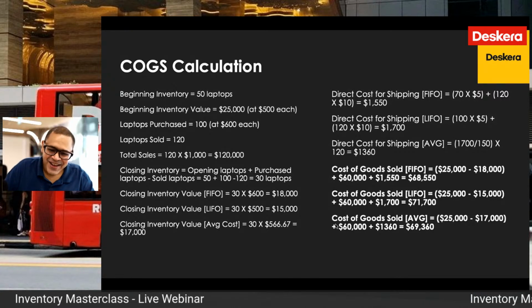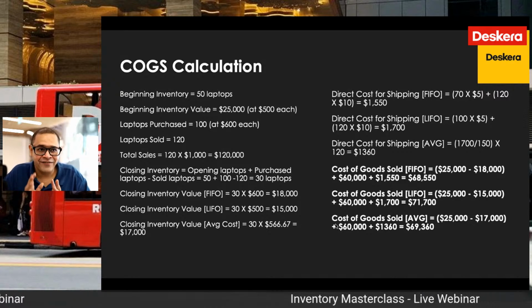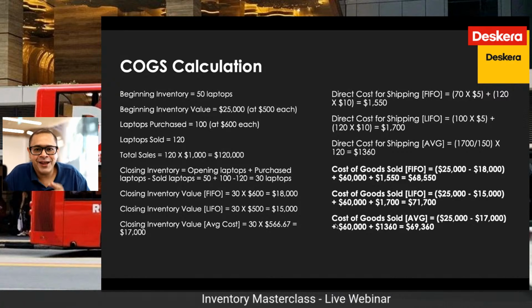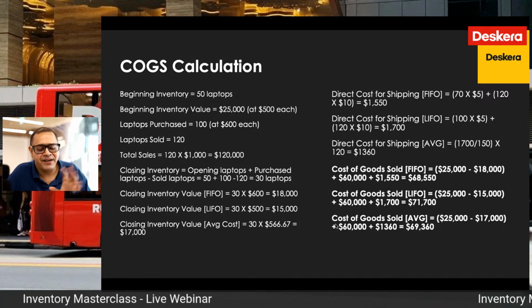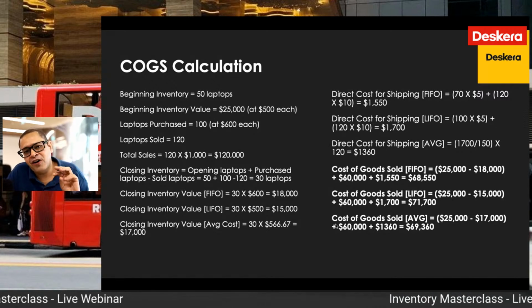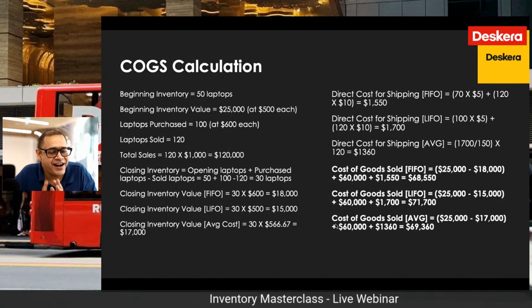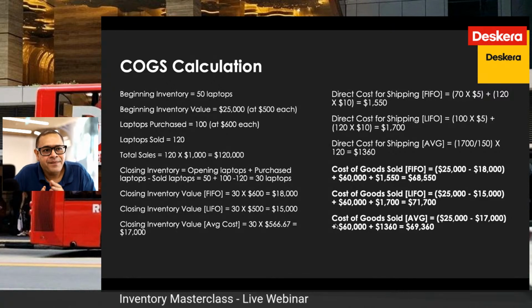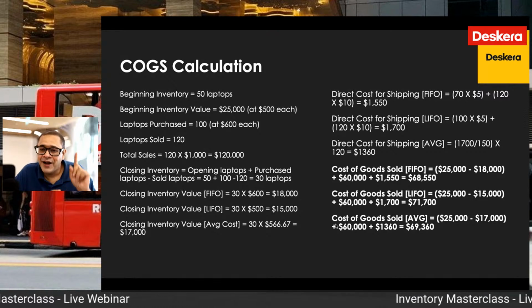All right. So this is where the difference between FIFO and LIFO comes into play, especially with the calculation of cost of goods sold. If you remember, we had 50 laptops that we were already carrying over from the previous year. I sold 120 laptops, right? Now, out of those 120 with FIFO, how will that breakup look?